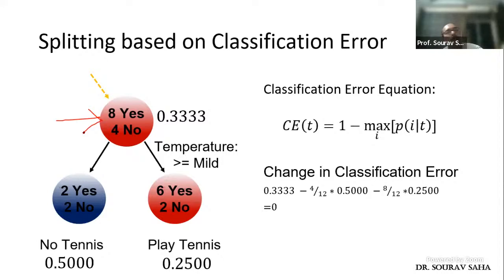Whatever my impurity was earlier, the same impurity is still there. That's why this change in impurity is 0. Probably temperature is not a good variable in this particular case for doing the splitting. So again, what we need are those variables which will make the maximum change in the impurity.